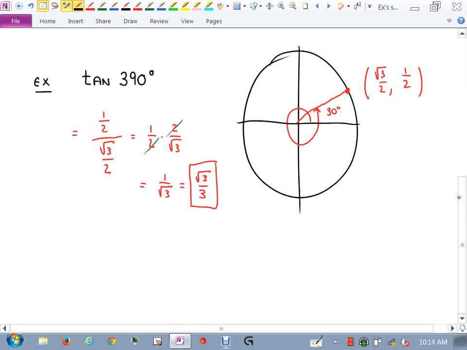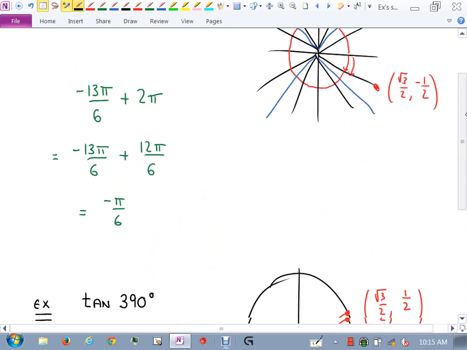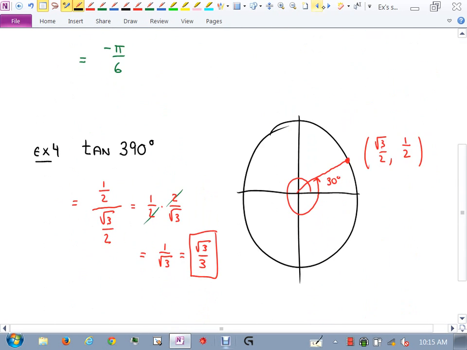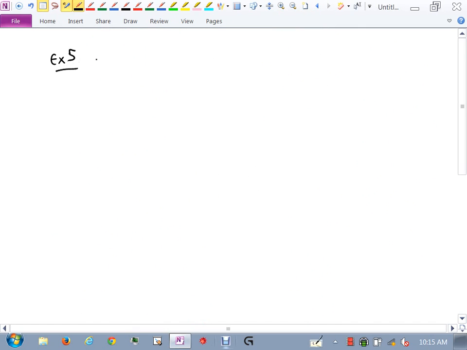Just going to pull one of these uglier problems here. How about this as our last example here? I stopped labeling. That was example 4, so this is example 5.